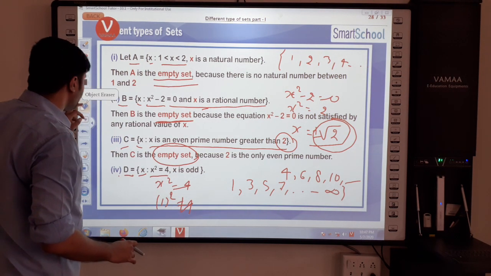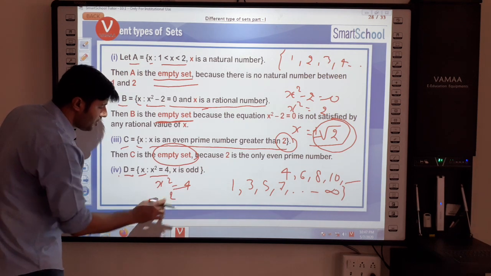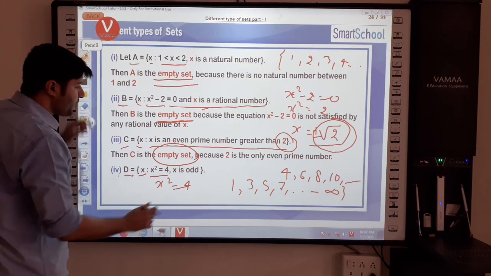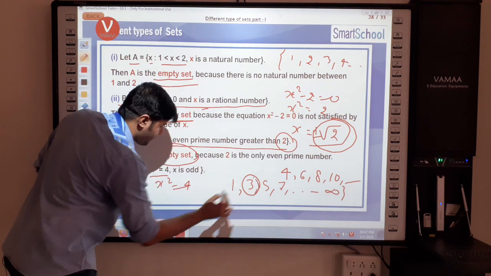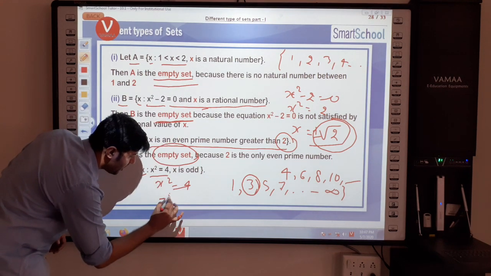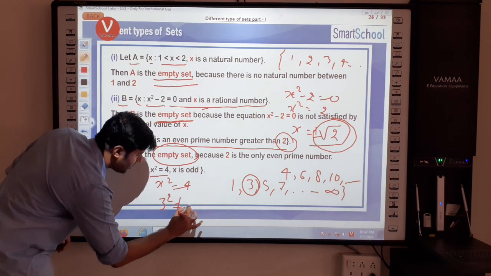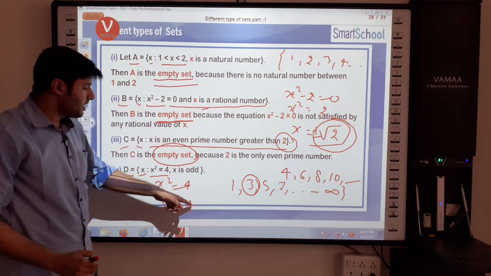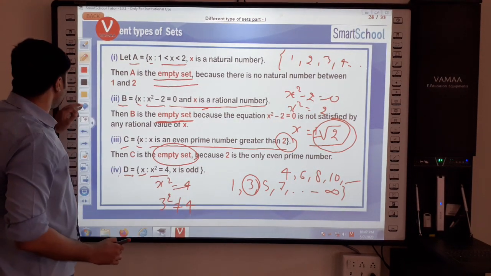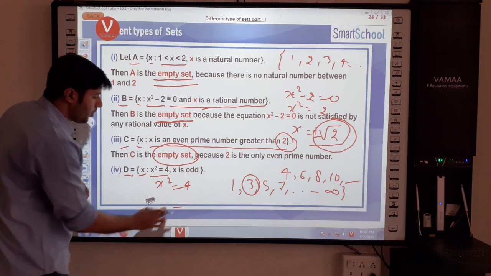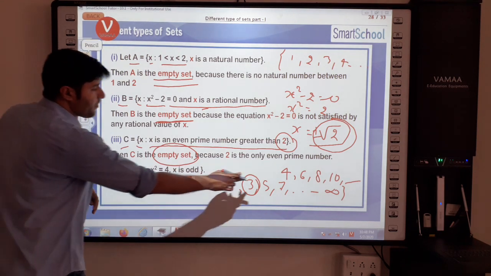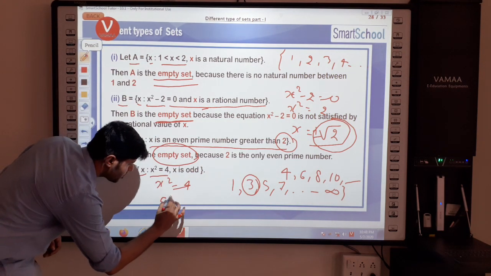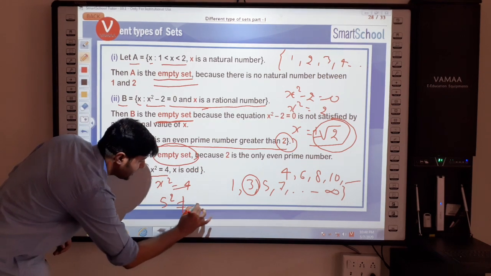Now we can take some more values of x. Suppose we take the value of x as 3, so the square of 3 will also not be equal to 4, because it will be 9, and it should be equal to 4. Again, if we take x as 5, the square of 5 is also not equal to 4.